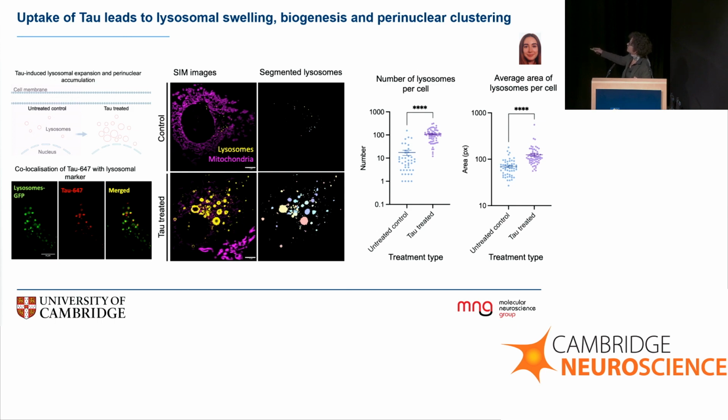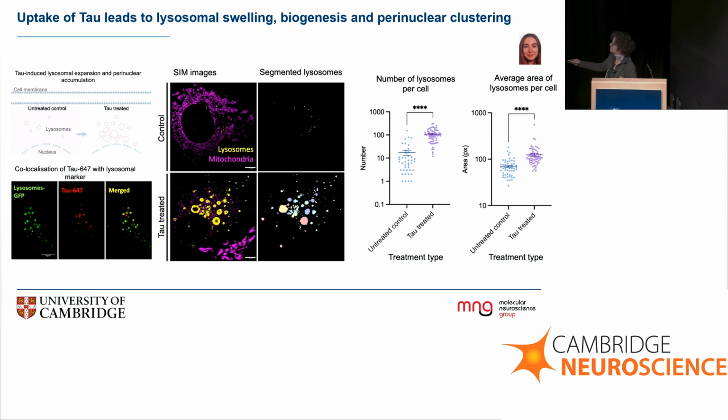You can see the lysosomes being relatively small in these COS7 cells. When we start treating them with 1 micromolar concentration of extracellular tau, we can see that the lysosomes start to cluster in this perinuclear area, and they cluster significantly and also start to swell up. And they are colocalized.